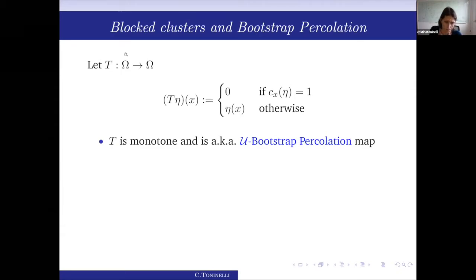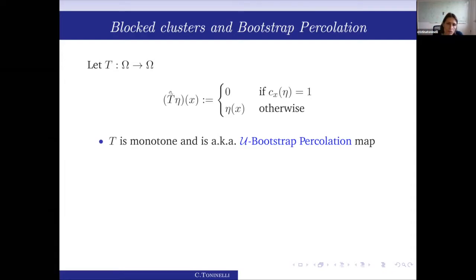So I want now to give you a simple deterministic algorithm to identify these blocked clusters that a configuration might contain. So you fix your favorite KCM, so you have chosen the constraint, and now you pick a configuration eta, and you want to know whether this configuration contains a subset of sites which are occupied and forever blocked under the dynamics, as is the case for the double row of the FA2F model.